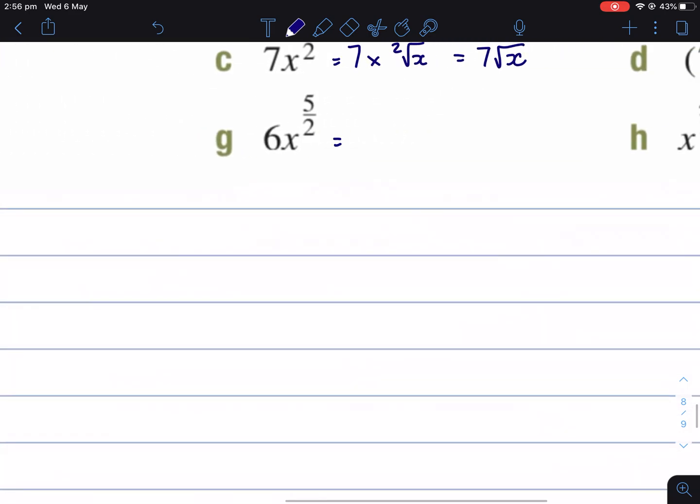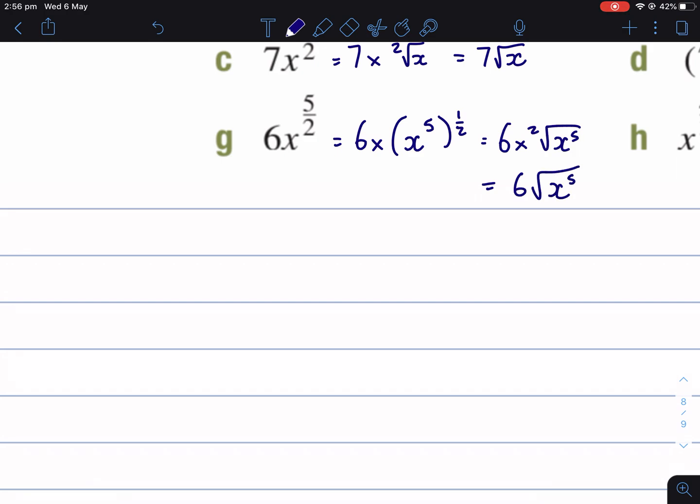This is the same as 6 times x to the 5 to the half. Now this is the opposite way that you're used to thinking about it, which is fine. Which is the same as 6 times the square root of x to the 5. So we literally write 6 root x to the 5.